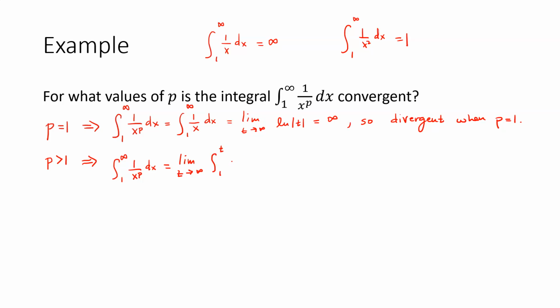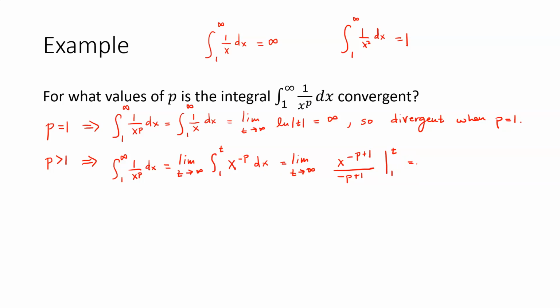I'll write 1 over x to the p as x to the negative p. So this integral will be x to the negative p plus 1 over negative p plus 1, evaluated from 1 to t.